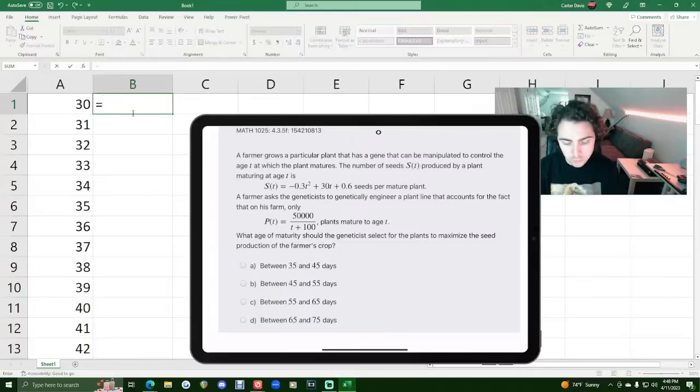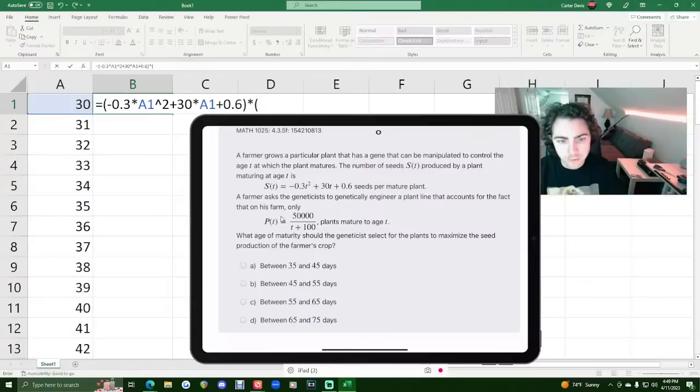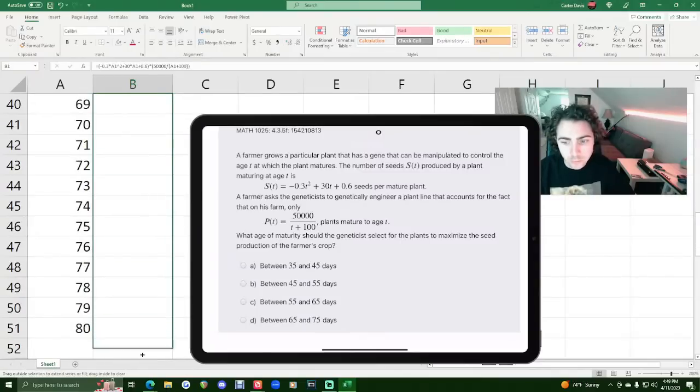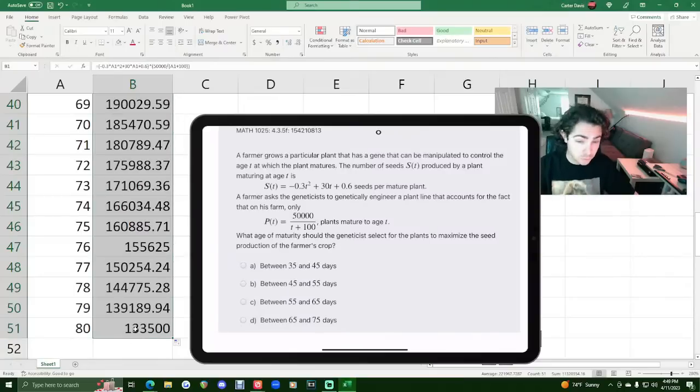So equals, big parentheses, negative 0.3 times t squared, so a1 squared, plus 30t, so 30 times a1, plus 0.6, close that off, and we're multiplying this function s by this function p. So in parentheses, we're putting the function p, 50,000 divided by t plus 100. So bam, plus 100, parentheses, hit enter.